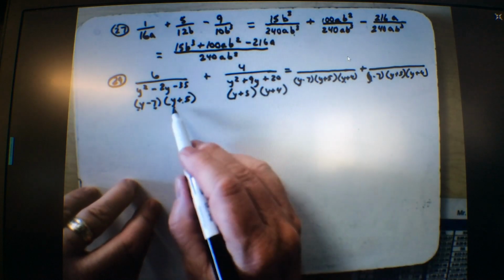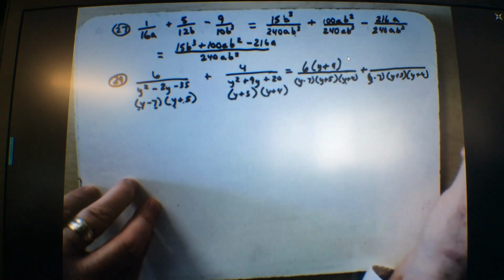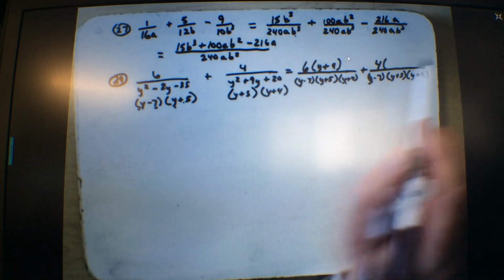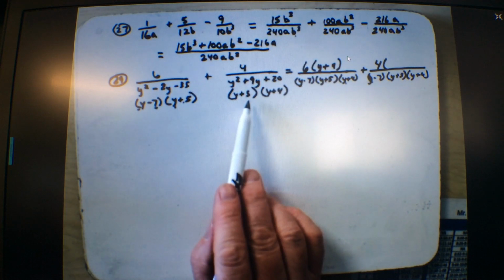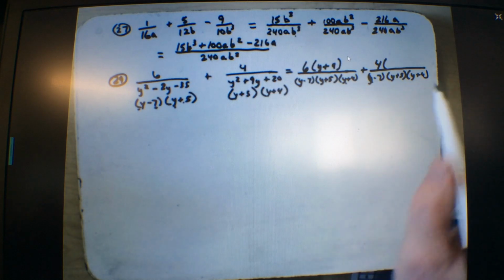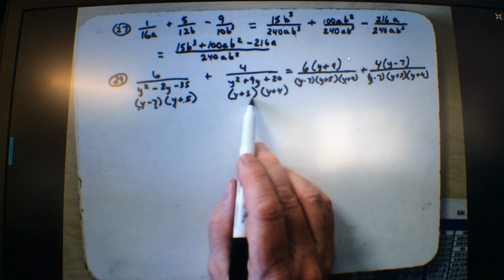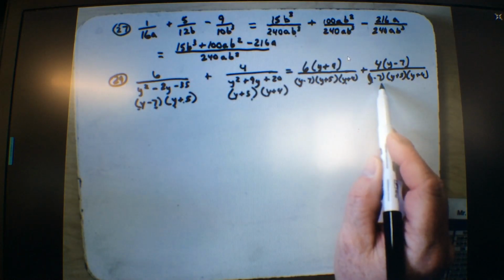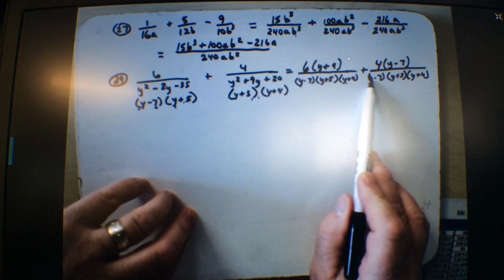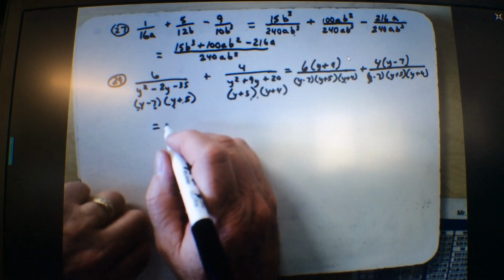This one has y plus 4, this one does not. You pointed the wrong way. From this one to here, what's it missing? y minus 7. This one does not have a y minus 7, this one does.